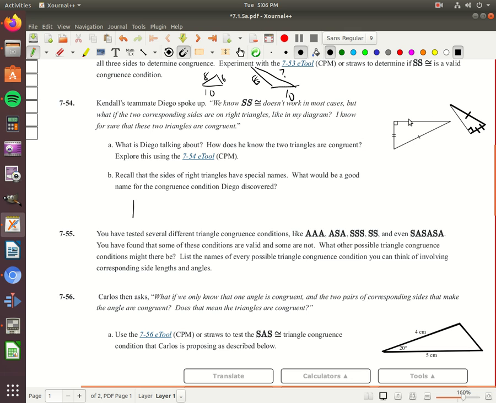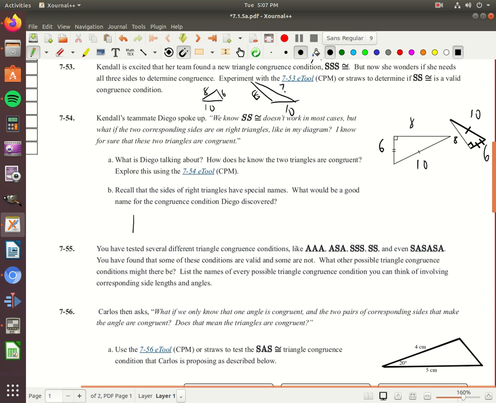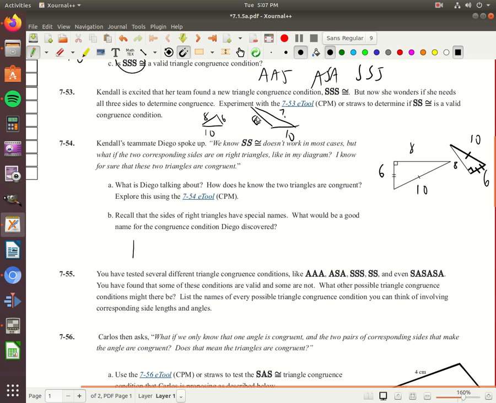If we put numbers here, again, if I say this is 6 and this is 10, and I say that this is 10 and this is 6, this has to be 8, right? 6 squared plus 8 squared equals 10 squared. So this is a special instance, right? This one is not special because we don't have a right triangle here. It won't close this way. But here we have a right triangle, and it forces it to be 6, 8, 10.